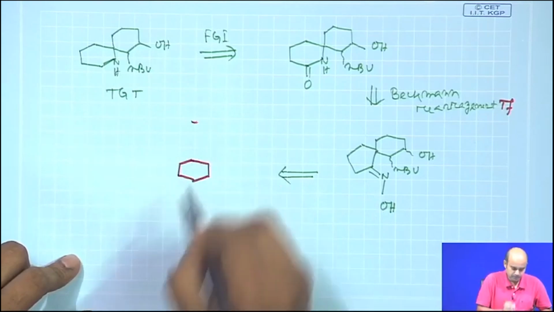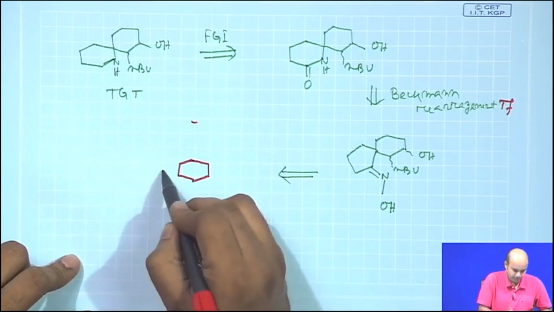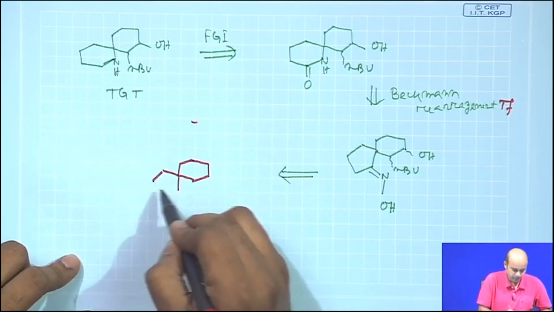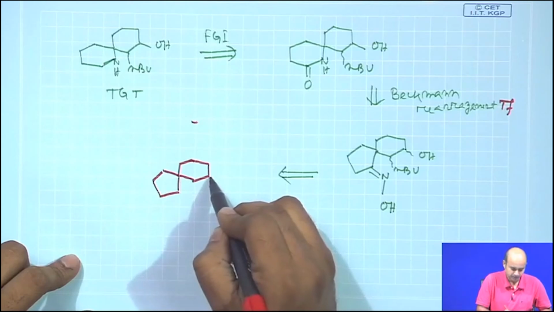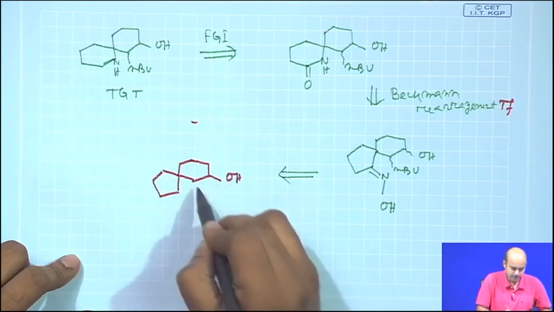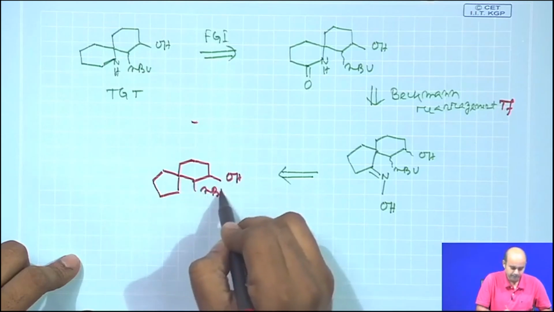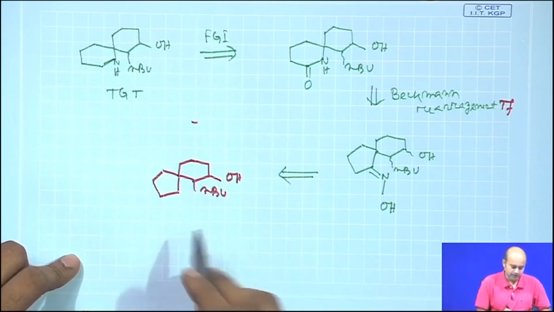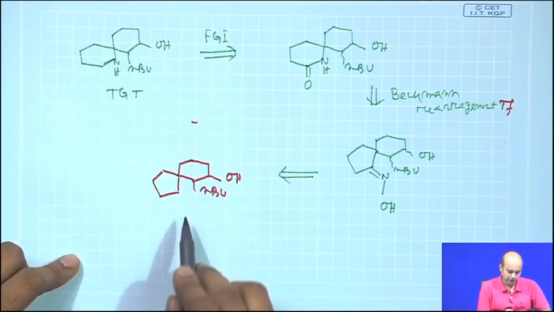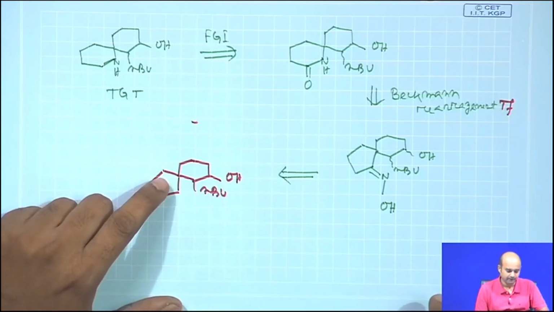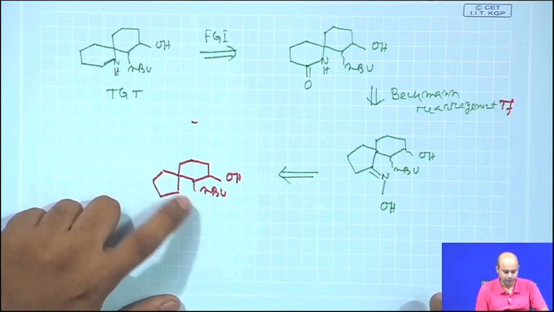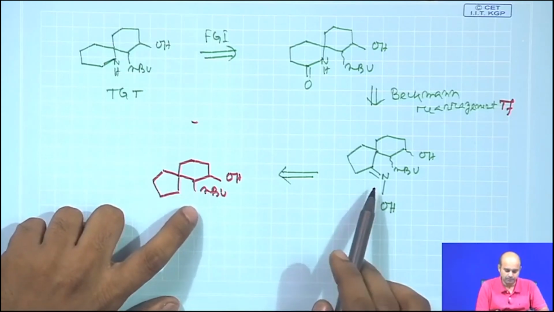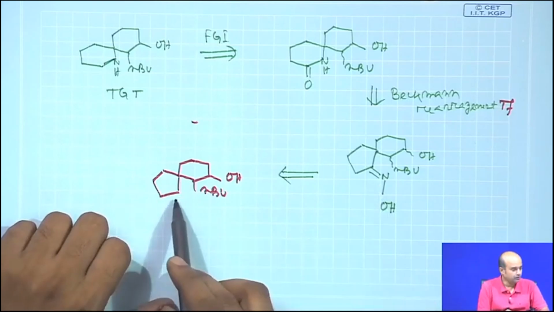Next will be a very interesting reaction on which we need to spend some time. We have an OH here, we have an N-butyl here. Now, if I draw an intermediate something like this, you say that this left hand ring is absolutely unfunctionalized, then how are you planning to introduce an oxime or a keto group into this?